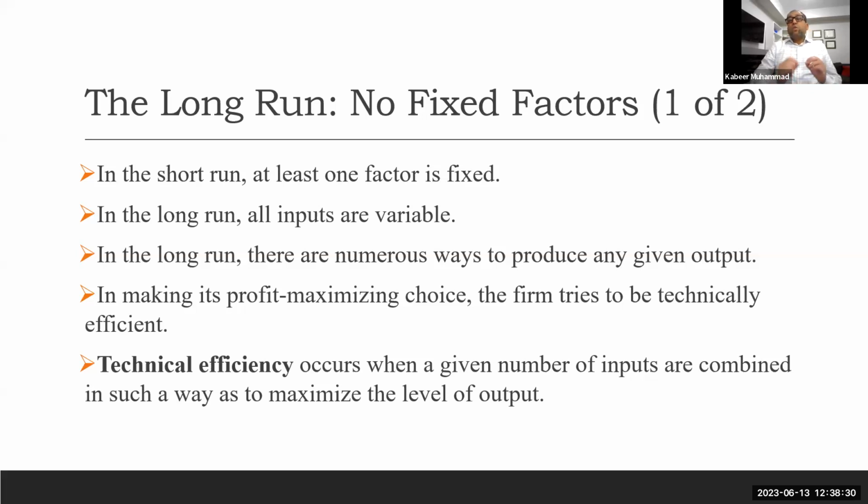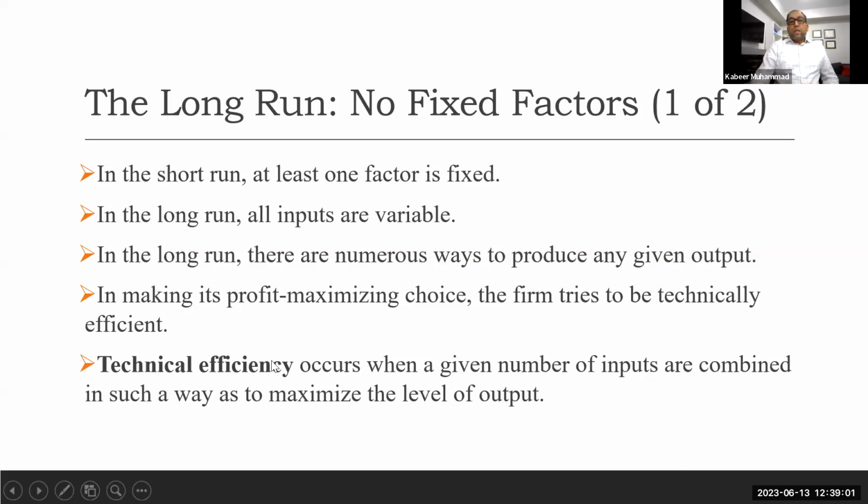So when we are just looking at output and input, not the price, not the cost of those inputs, just looking at how we can use those inputs to produce maximum output, that method, which is a combination of different inputs to produce maximum output, is called the technically efficient method. And definitely every producer is trying to use the technically efficient method of production.